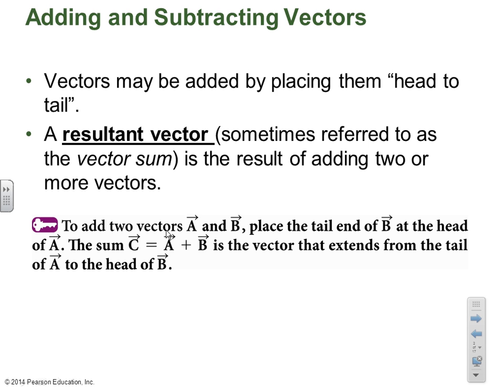So to add 2 vectors, vector A and vector B, place the tail end of B at the head of A, right? Line them up head to tail.